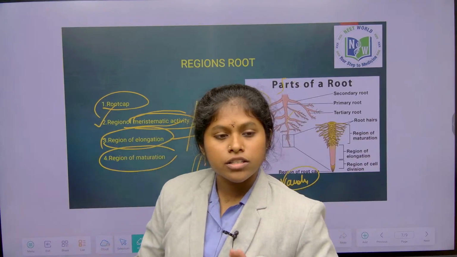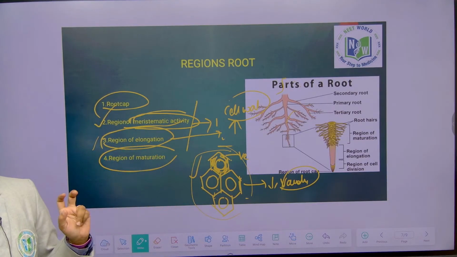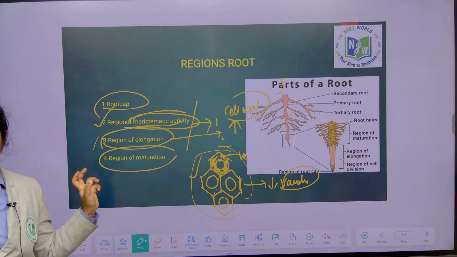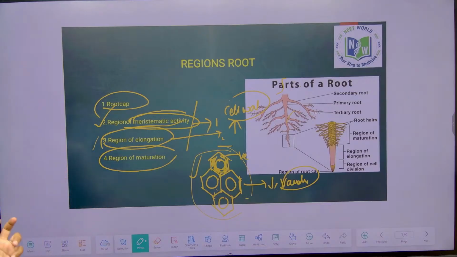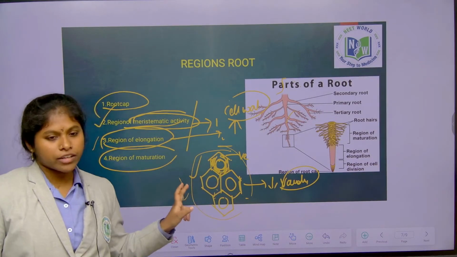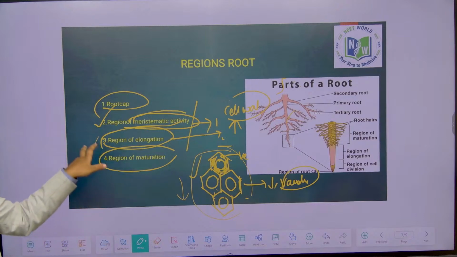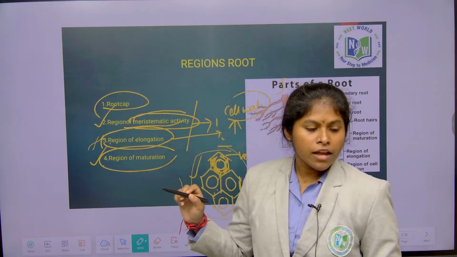In which region are there no vacuoles: meristematic, elongation or maturation? There are no vacuoles in the region of meristematic activity. In which region is there a slow increase of vacuoles? Elongation.